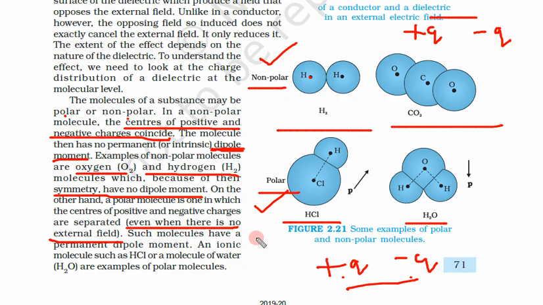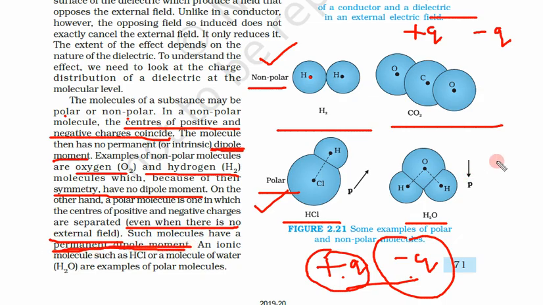This is the normal condition. Such molecules have a permanent dipole moment. Why the word permanent? Because even with no external field there is some distance between the positive and negative charge. So even if there is no electric field, there will always be a dipole, hence a dipole moment. So this is called permanent dipole moment.